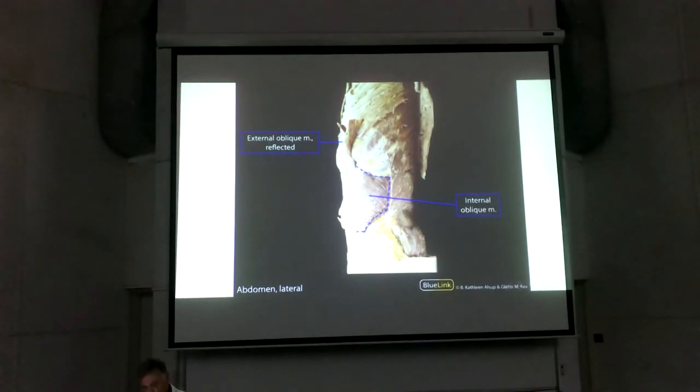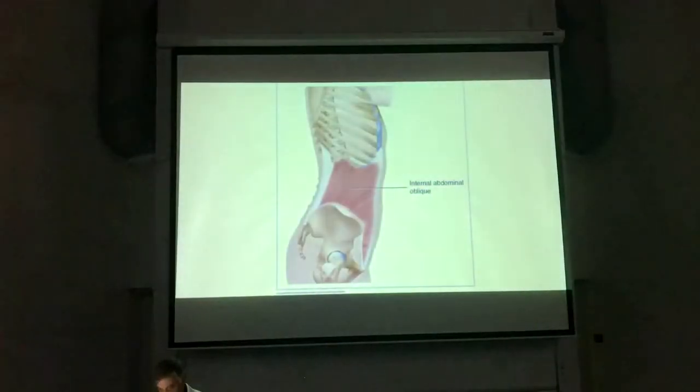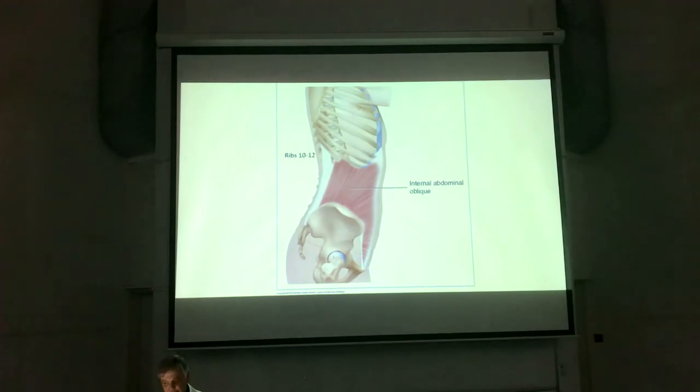Which muscle is this? It's the internal oblique. The direction of muscle fibers is running this way. Ribs 10 to 12. The external oblique was 5 to 12. Lumbosacral fascia.